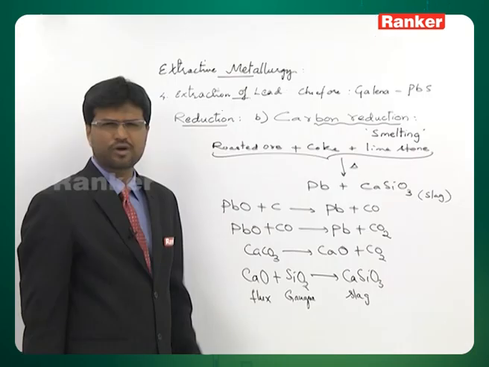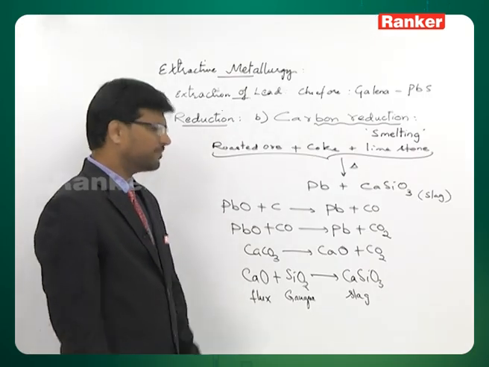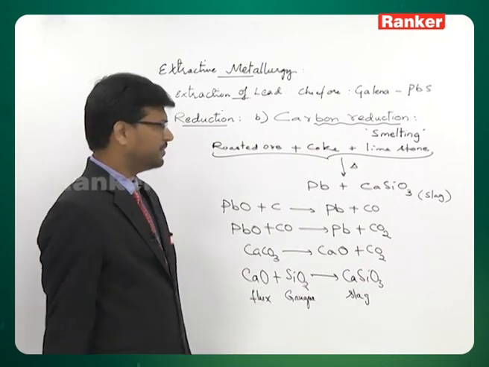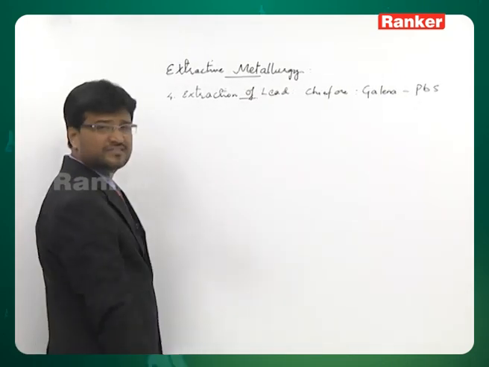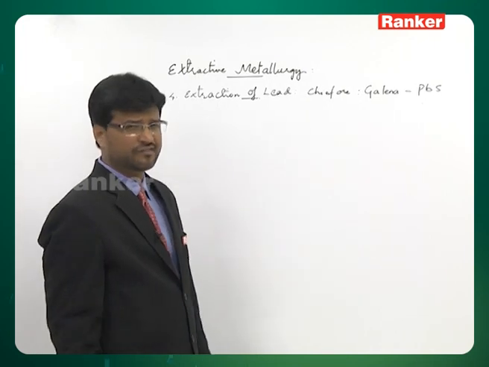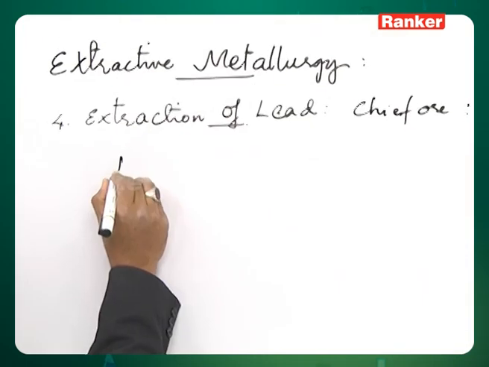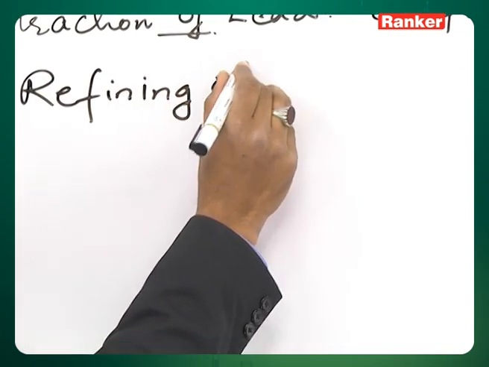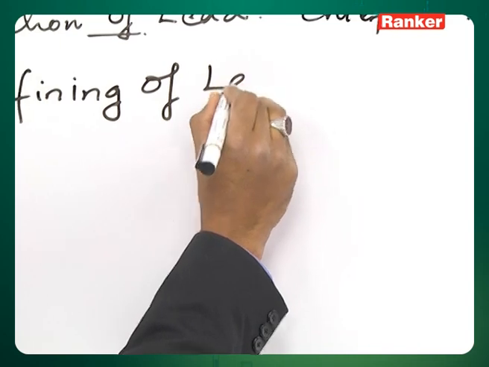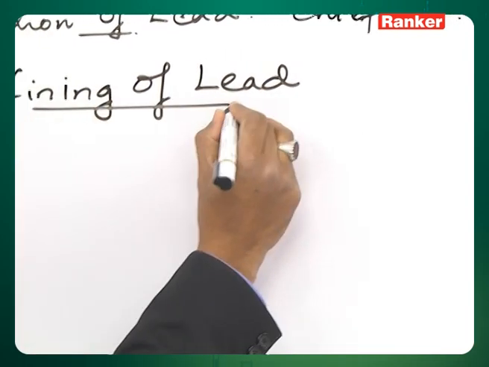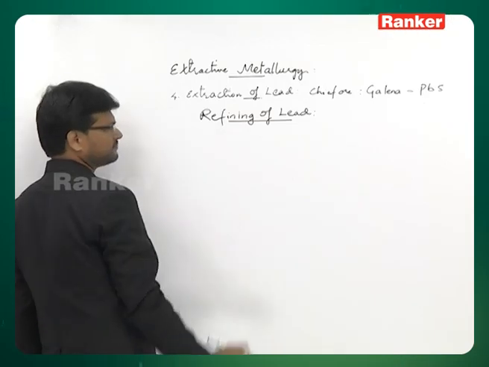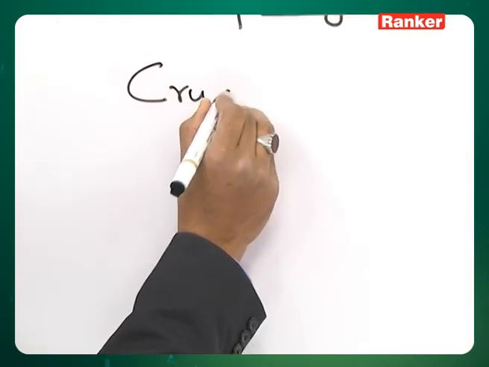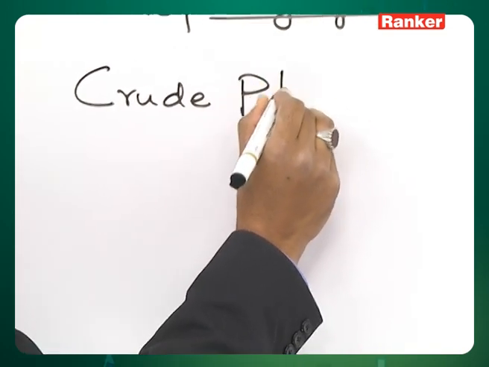The reduction may be brought about by carbon as such, or carbon monoxide also can bring about this reduction of PbO into Pb. Now, the final stage in the extraction of lead is the refining of metal. Refining means purification, refining of lead. We have crude Pb.